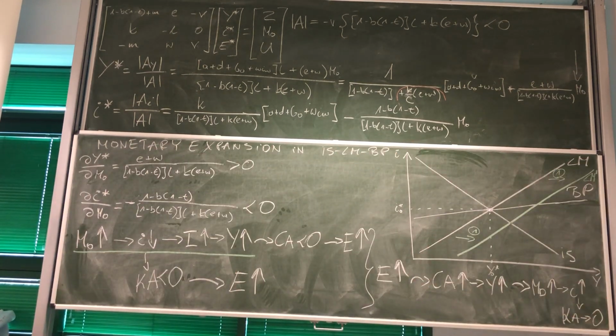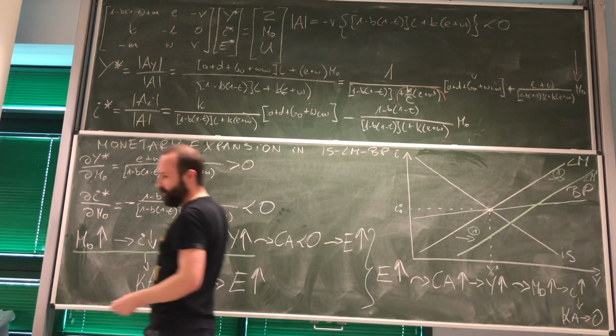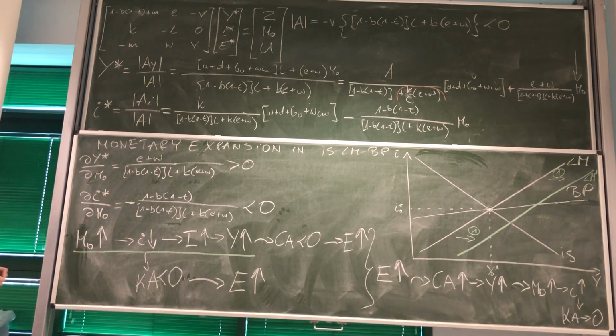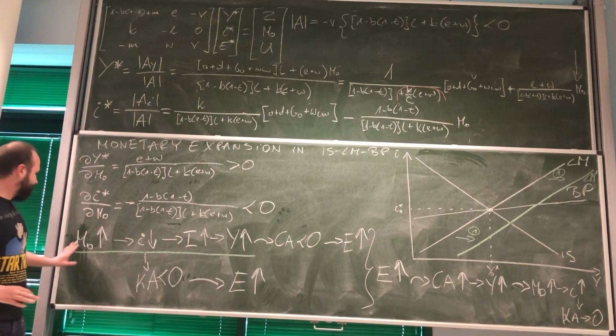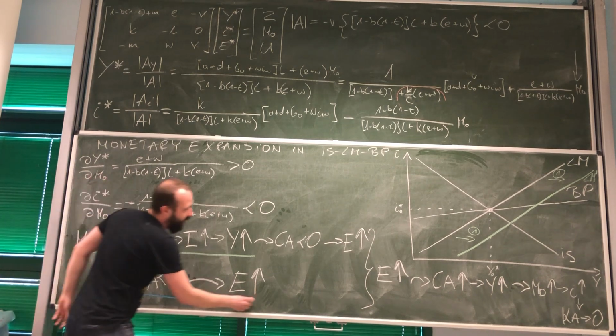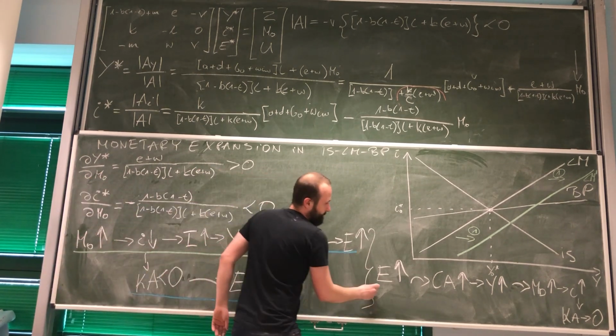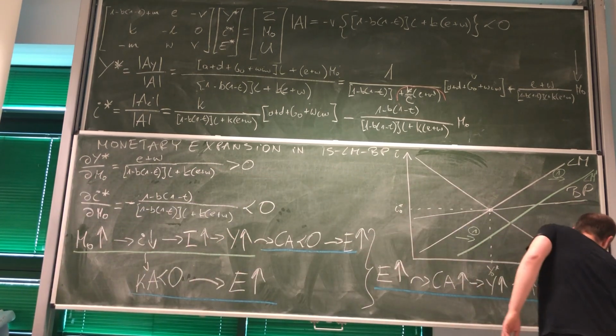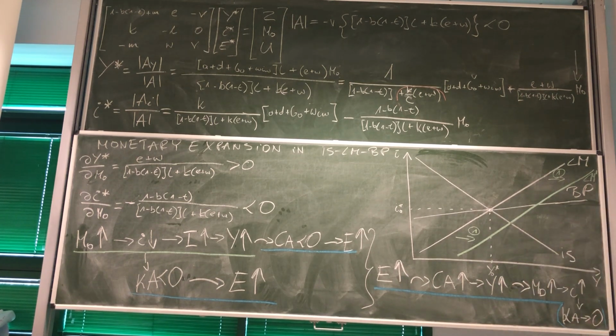Okay, so look, now we understand the entire result. How should we draw it, however, on the graph? Well, let's say that this is the closed economy part, the green one, and the blue one is the open economy part.